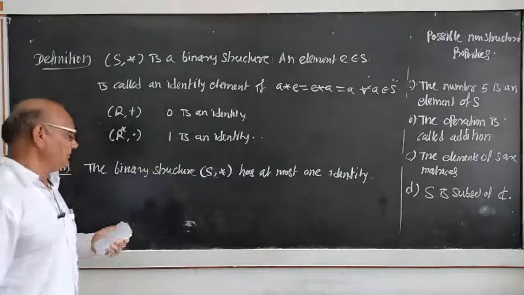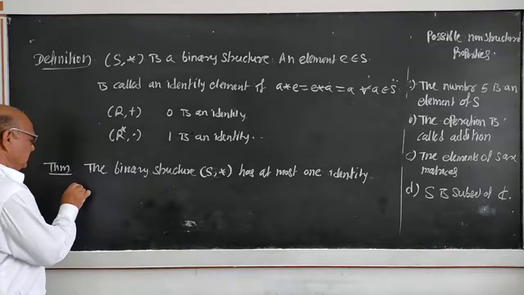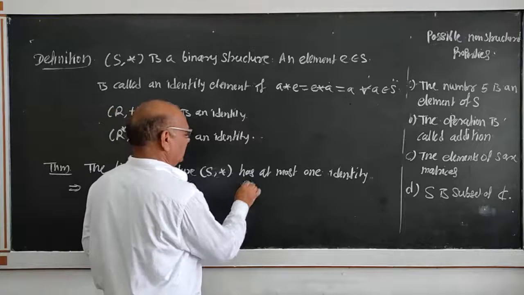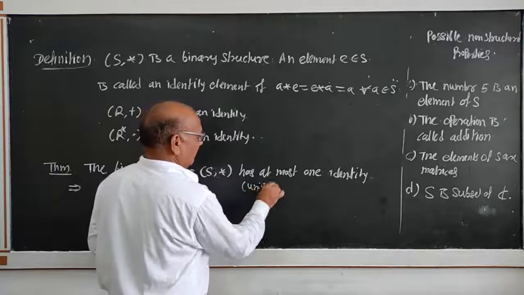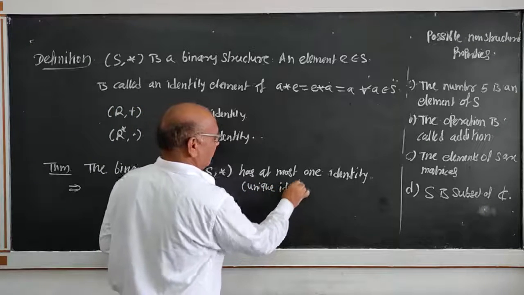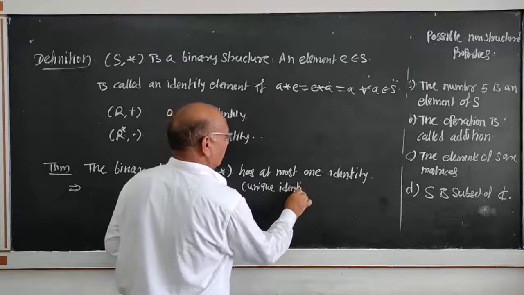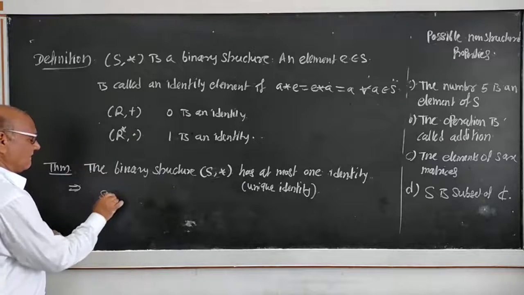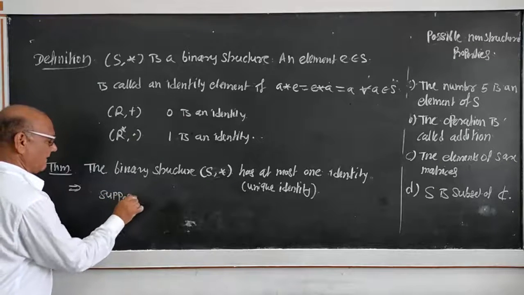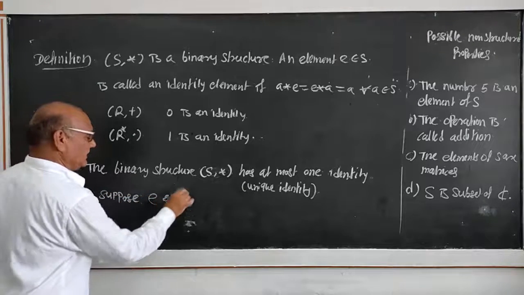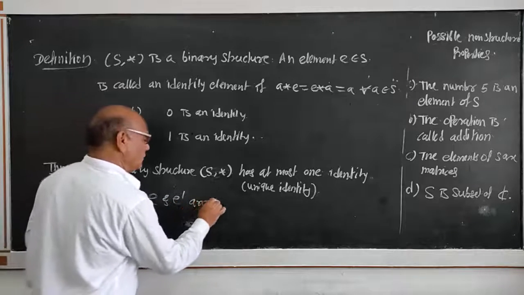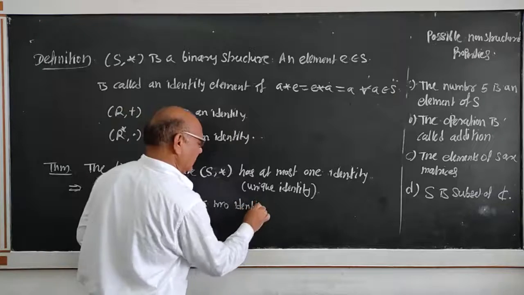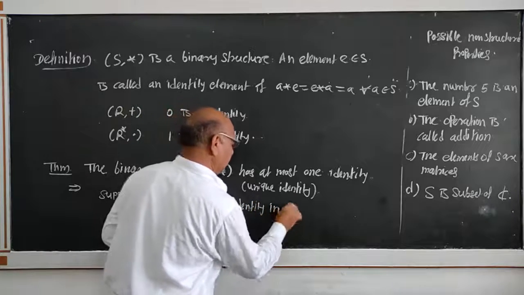A binary structure has at most one identity. That means unique identity. That is, at most unique identity. Suppose e and e dash are two identities in S.